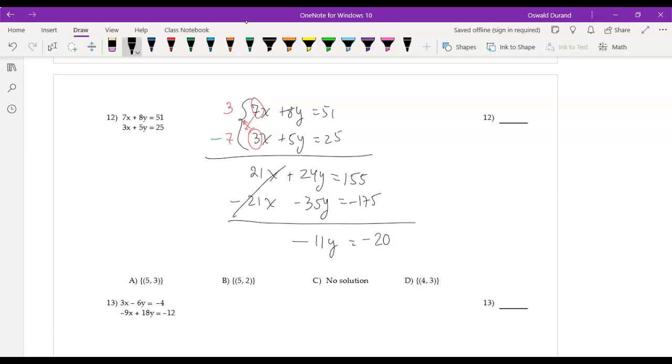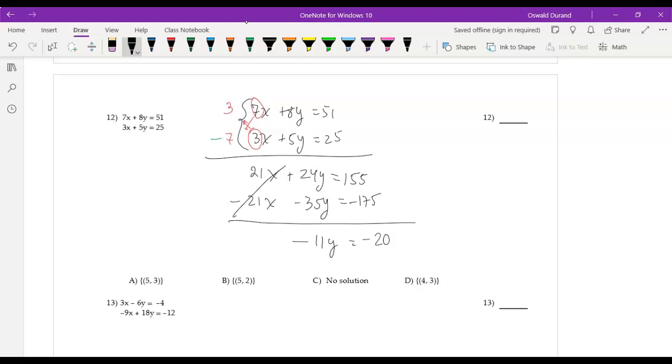Then 7 times 25 is 175. I did that, so it's negative. It is negative 20. 8 times 3 is 24, 7 times 5 is 35. I don't know. It doesn't seem like the answer is here.